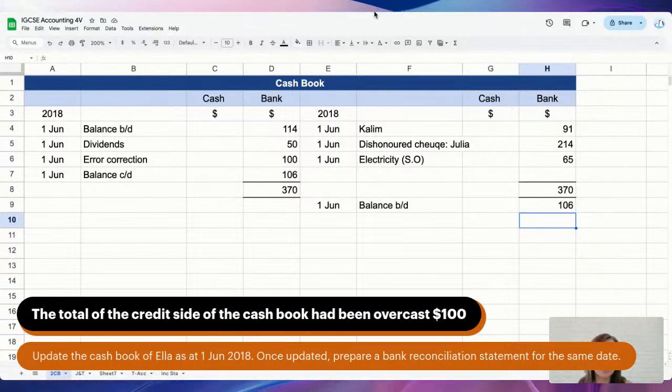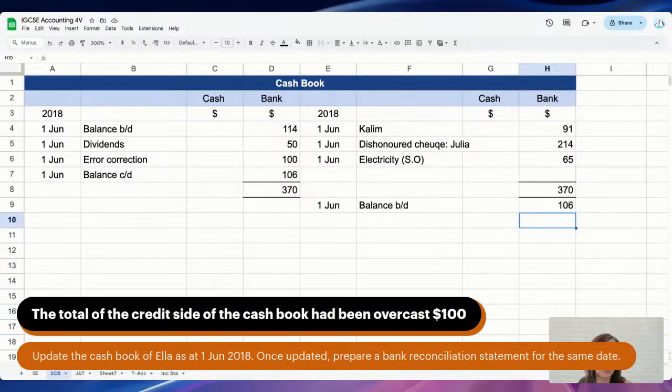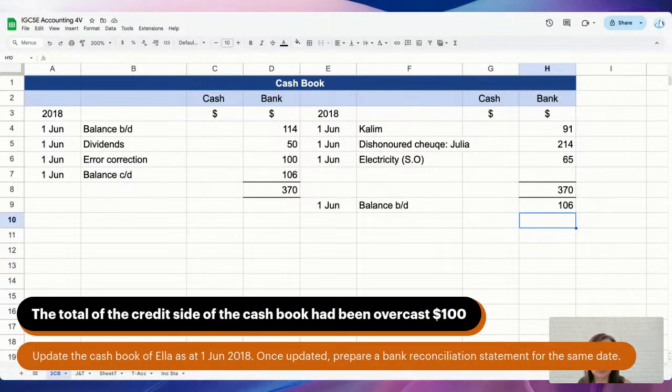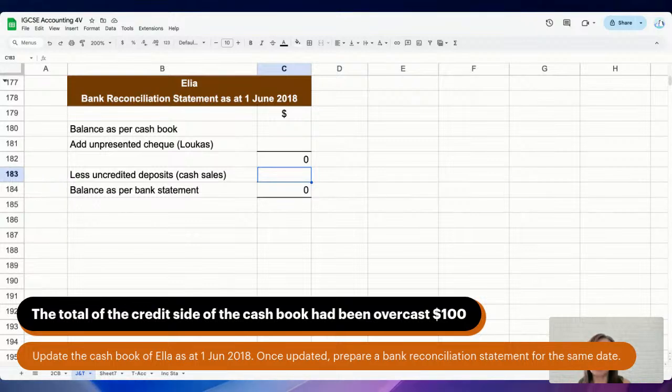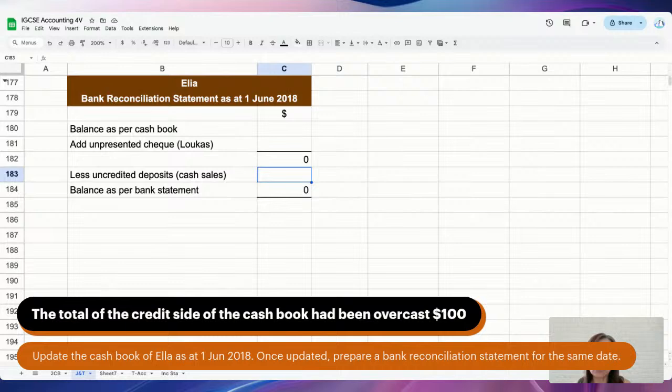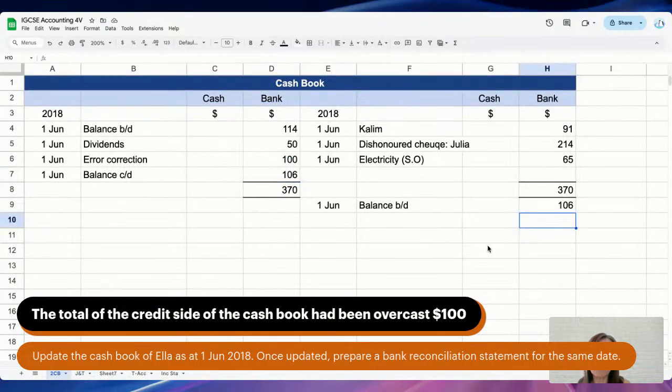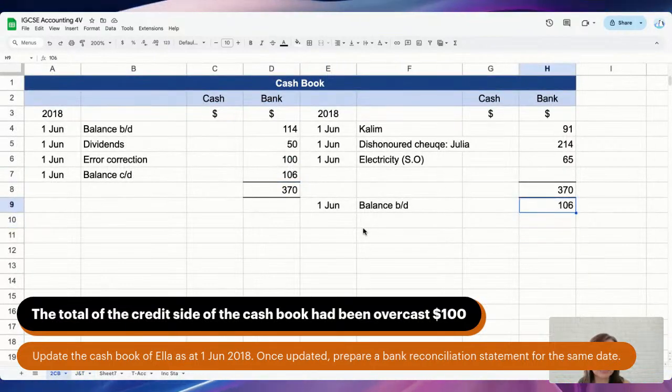All right, so now we need to look into how to make the adjustment in our bank reconciliation. Remember in the previous video, we mentioned that there are a few different methods. So in this example, we're also using the method of balance from the cash book. So we got the number 106, right?